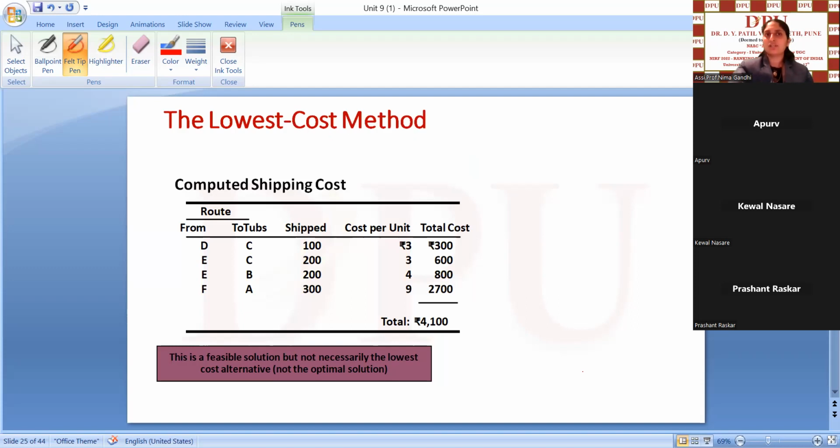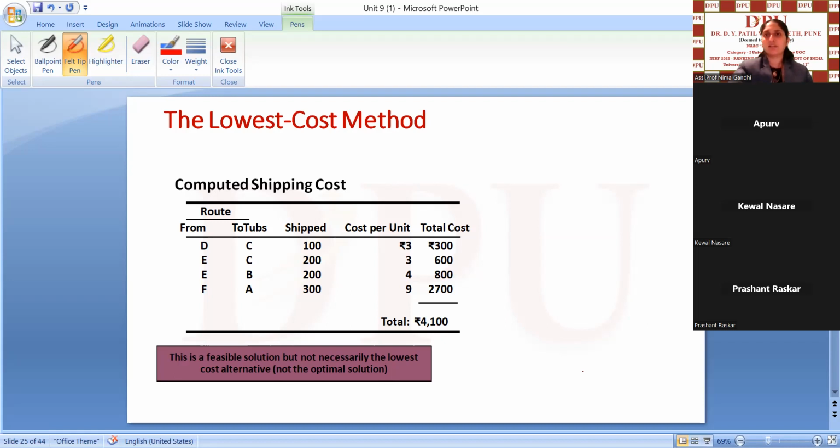So I think you are clear with the lowest cost method and northwest cost method. I'm not going into detail and not explaining how to do the calculations for the stepping stone method or the MODI method. You can go to the Swayam, you can check your recorded video on the Swayam, and in that video, how to do the calculations for stepping stone method has been explained.